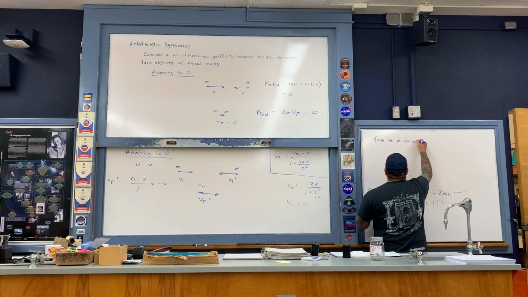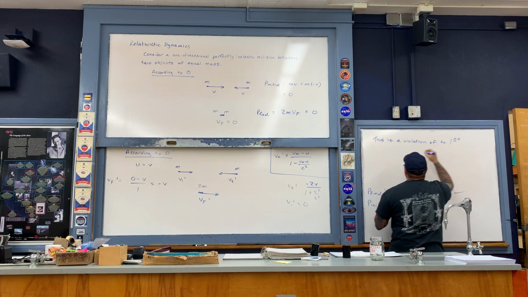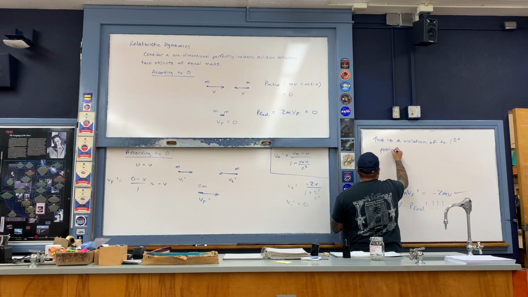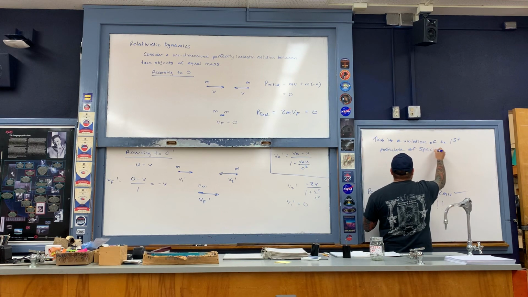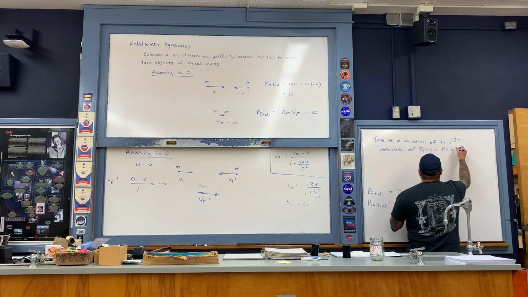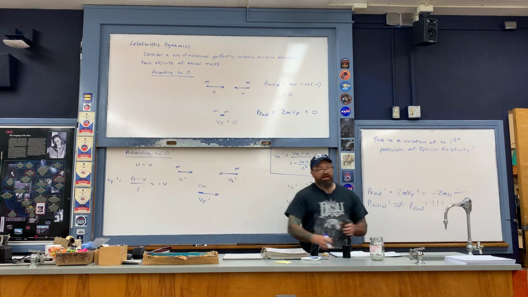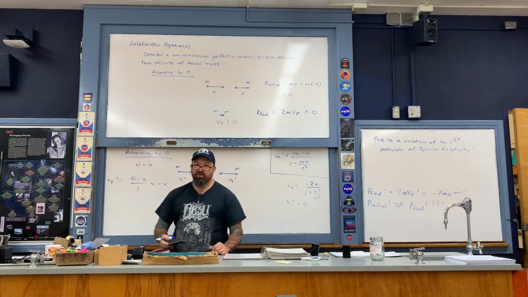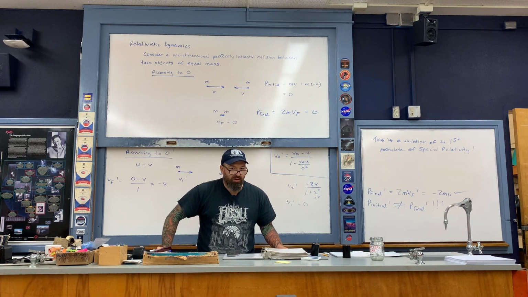This is a violation of the first postulate of special relativity. Once again, the first postulate is that the laws of physics are the same in all inertial reference frames. So something here is wrong.